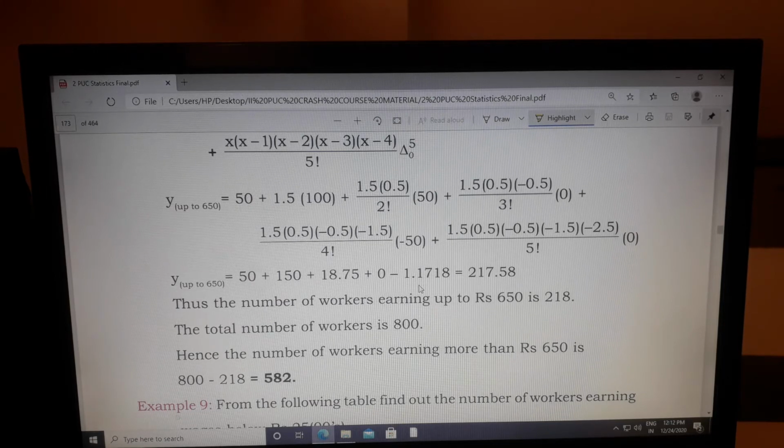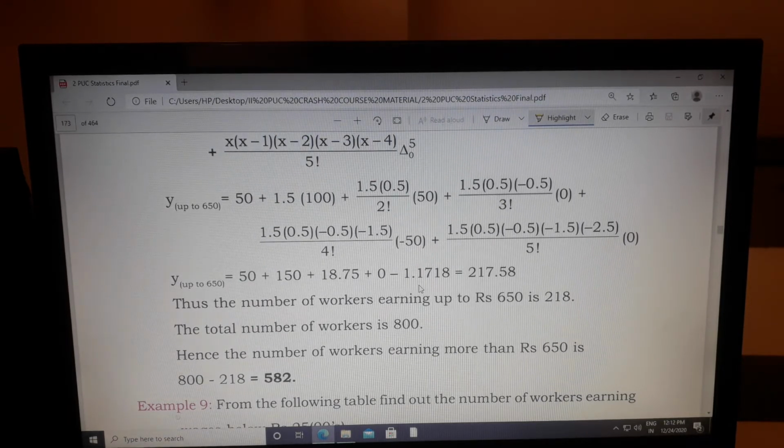Now from this 800, up to 650 wages, I mean less than 650, how many workers are collecting less than 650 rupees wages? 218, what we calculated. But as per the question, we need to calculate more than 650.